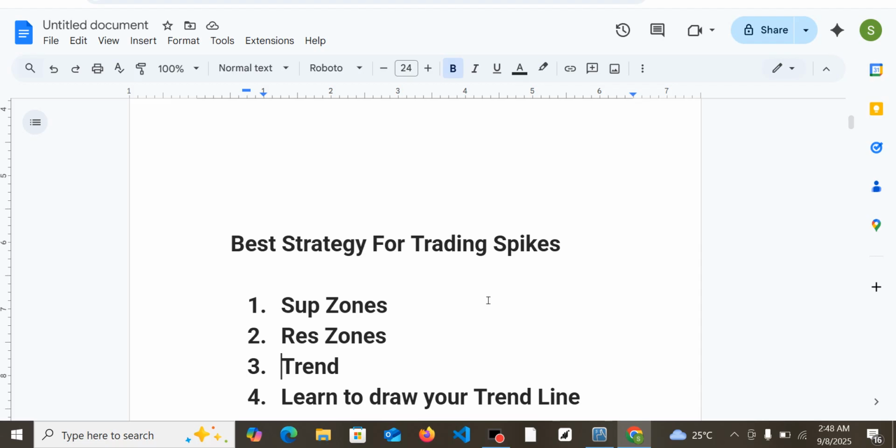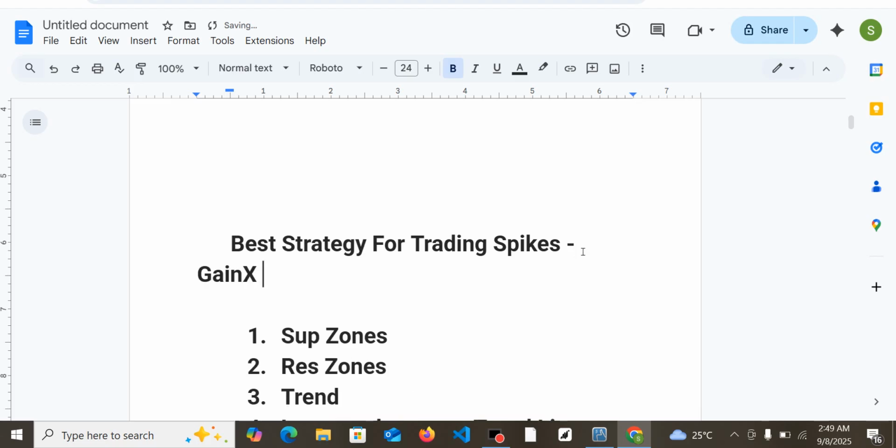There are two major assets that you can actually trade spikes on, and they are the Gain X and the Pain X. These are the two major assets you can trade spikes on.